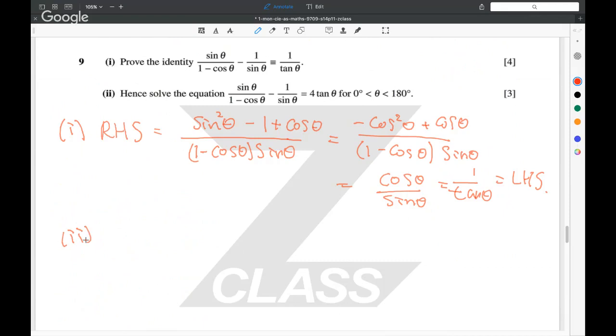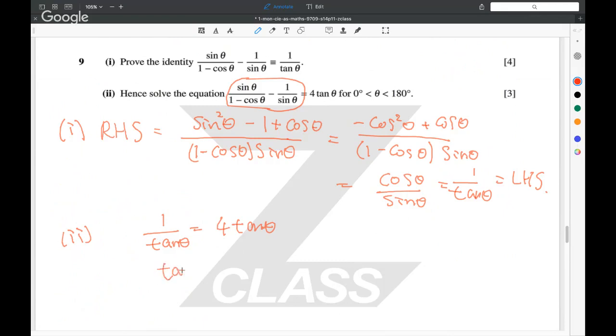Armed with the discovery from part 1 of the question, we can solve the equation in part 2 by noting that it's the same as saying that tan theta, which is this expression, is equal to 4 tan theta.